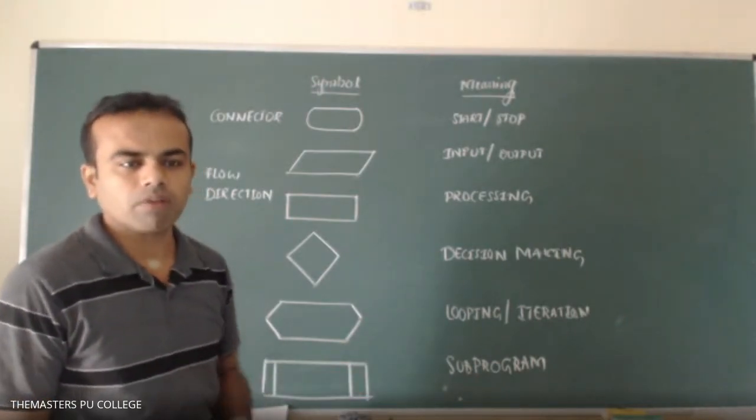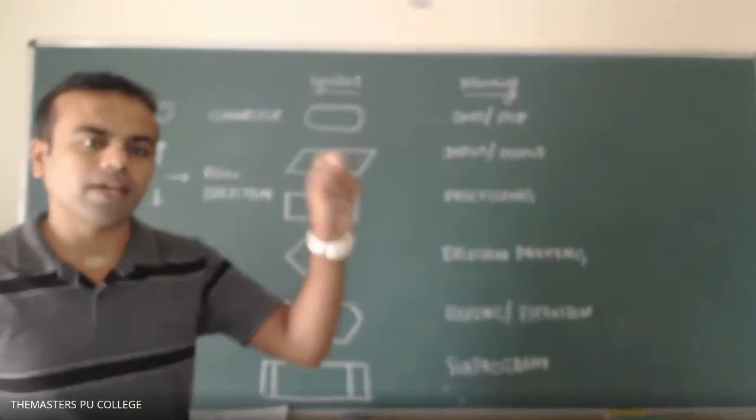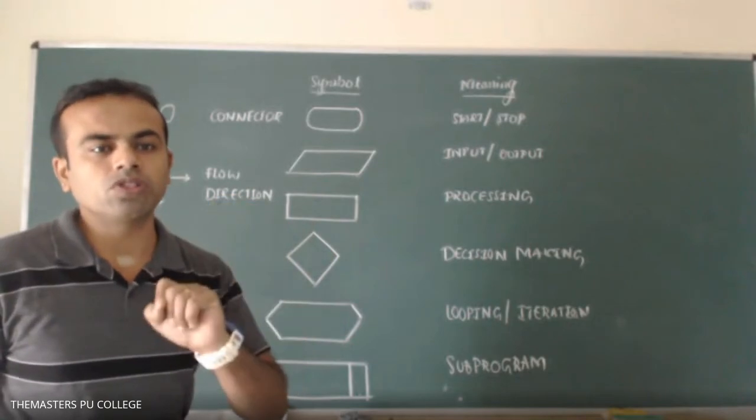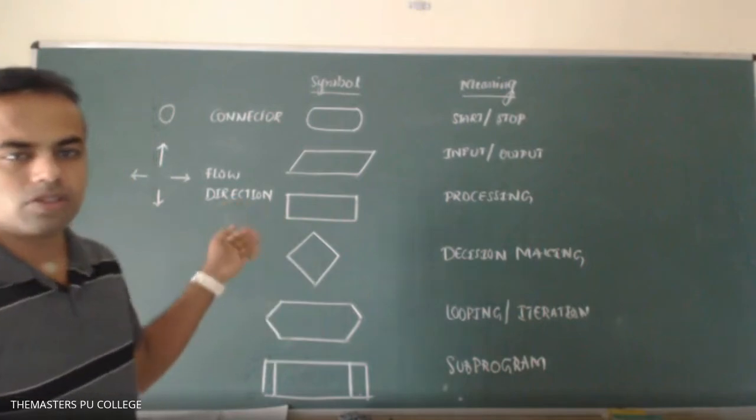Okay, is that clear? Please do write on this. You may get a question on this. Just write the symbols used in flowchart. So the definition of flowchart and then the symbols used in flowchart.